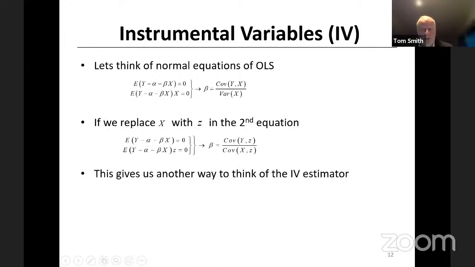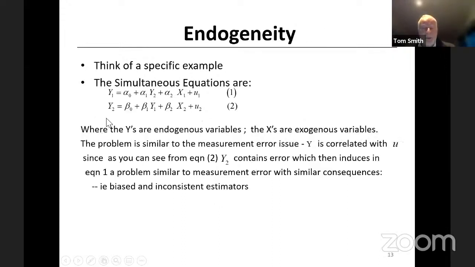So a specific example, think about a simultaneous equation. Here we've got y1 is a function of y2 and x1 plus error u1, and y2 is a function of y1 and x2 plus error. But look at the first equation. You have y2 in here. But we know from equation 2 that y2 is a function of y1 and x2, but it's also got error. So in this simultaneous equation, you've got an x variable, that is the y2, which we know from the system is measured with error.